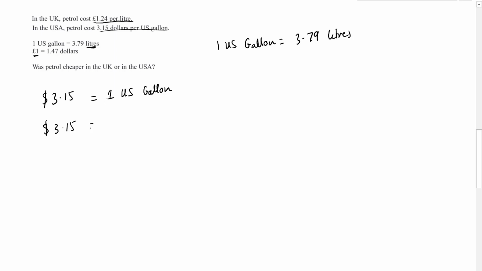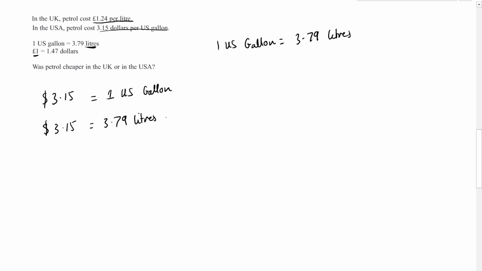So this means that we have $3.15 is equal to 1 US gallon worth of petrol. But we know in this exchange rate that 1 US gallon is equal to 3.79 litres. So $3.15 is actually the same as saying 3.79 litres of petrol in the USA.